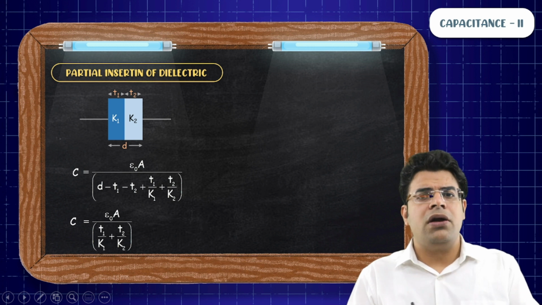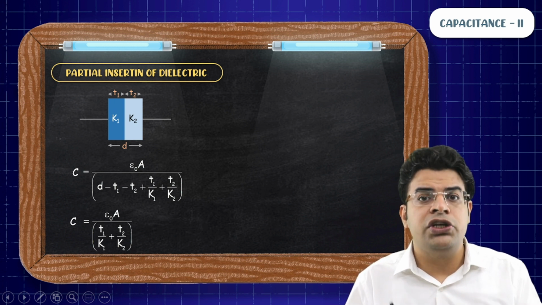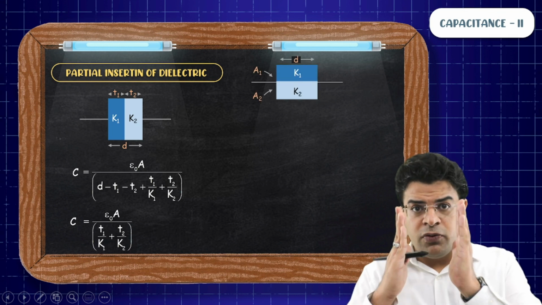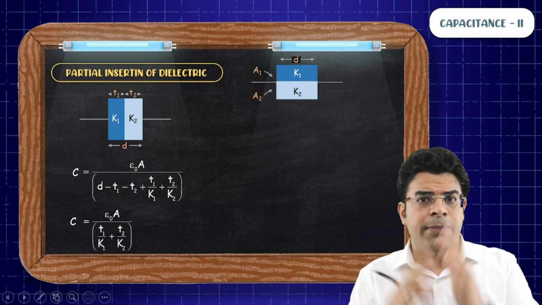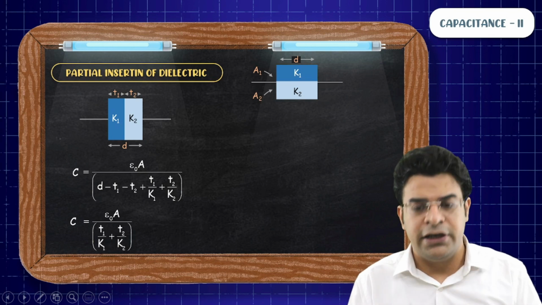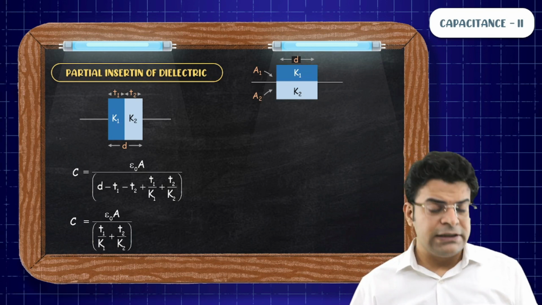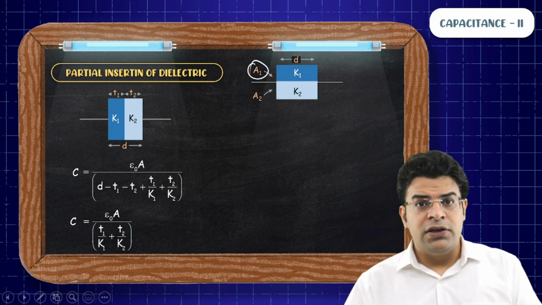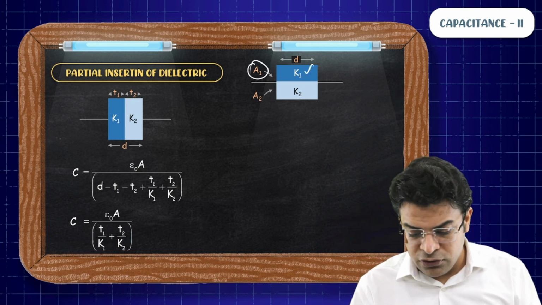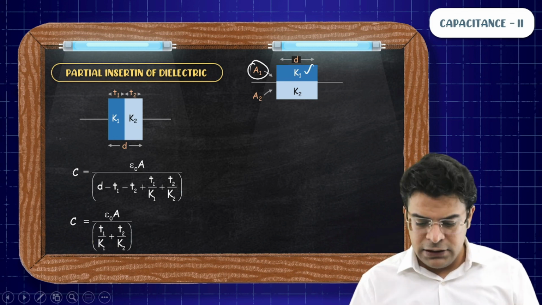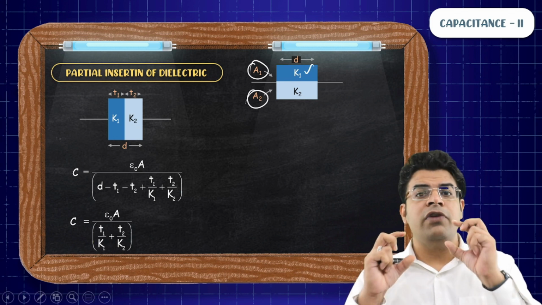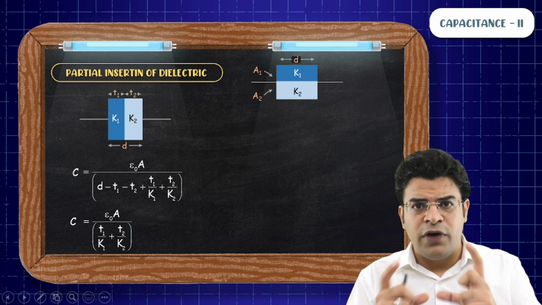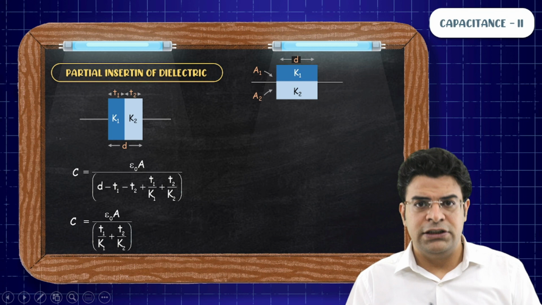But this is not the case for which I am teaching you this topic. What if you get this type of case? Between the two plates of the capacitor you have filled up two dielectrics, but this way. The upper part, the area A1, is filled with a medium of dielectric constant K1, and the lower part, the area A2, is filled with a medium of dielectric constant K2. Now how to find the capacitance of this system?